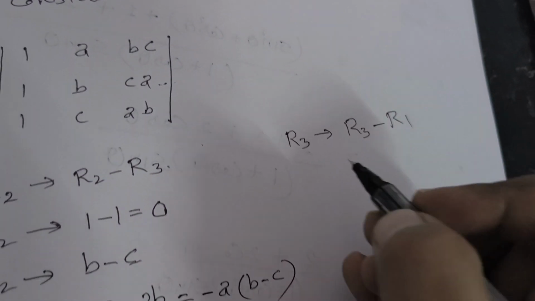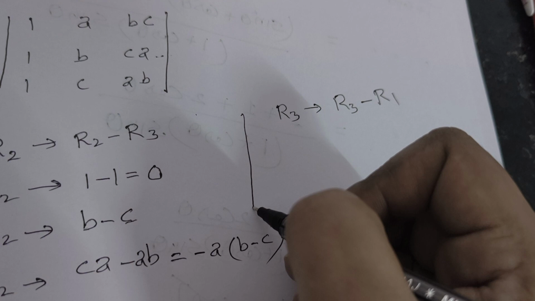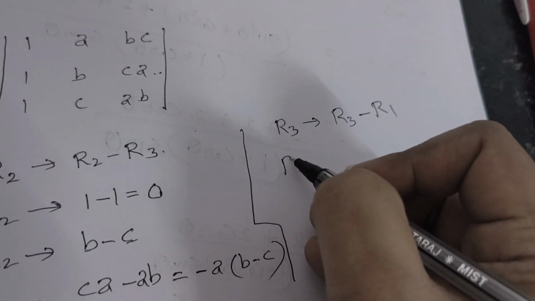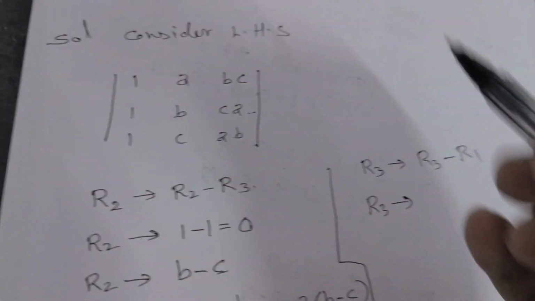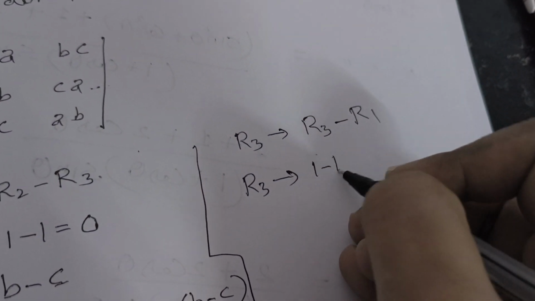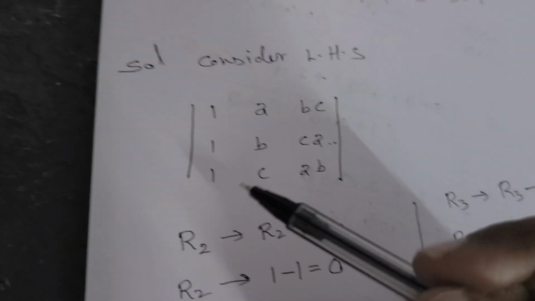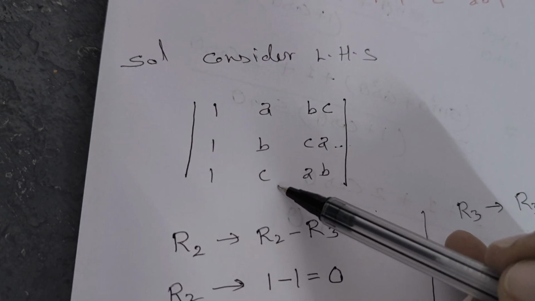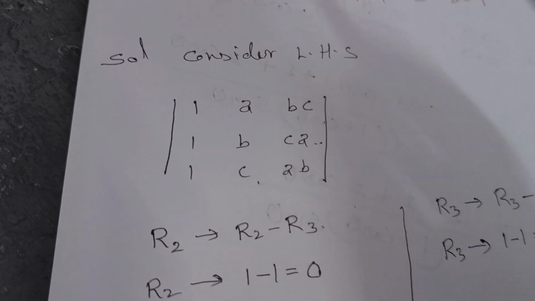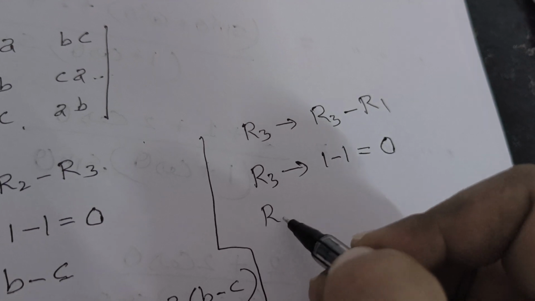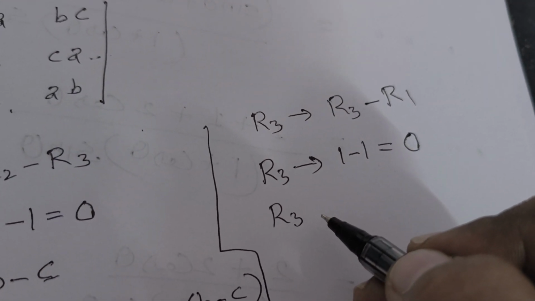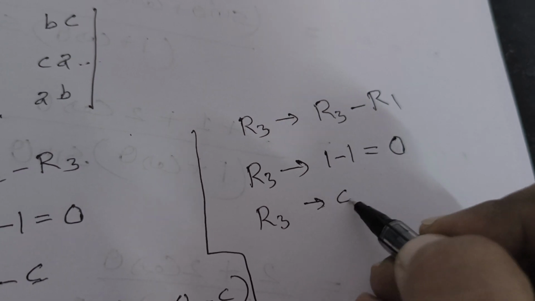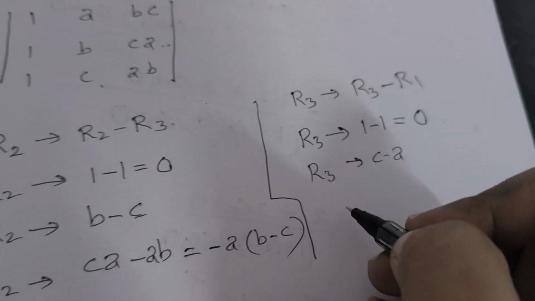Similarly, performing third row r3 minus r1: r3 first term 1, r1 first term 1, 1 minus 1 is equal to 0. Now r3 second term c, r1 second term a, so c minus a.